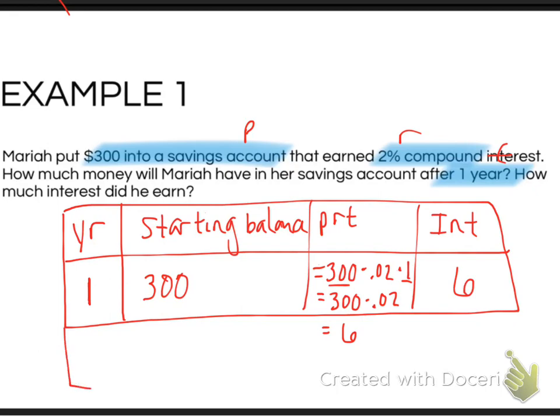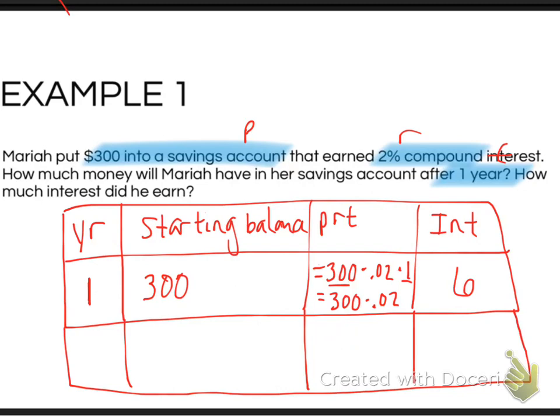Well, if she wanted to calculate for another year, let me erase this 6 right here. We would start year 2. Her beginning balance would actually be 306, because she had $300 and she added $6 of interest. Now she has $306.